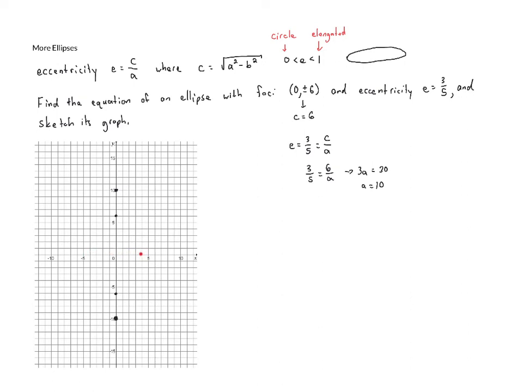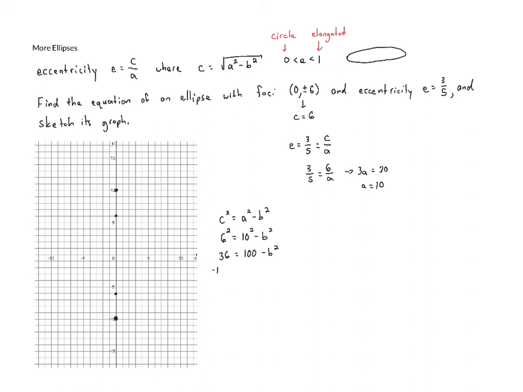Next, we need to figure out what's going on along our minor axis. And remember, to do that, we need to find B. We know that C squared is equal to A squared minus B squared. And we know the values of A and C, so we can use those to figure out the value of B. C is 6, and A is 10. So we've got 6 squared equals 10 squared minus B squared, which gives us 36 equals 100 minus B squared.